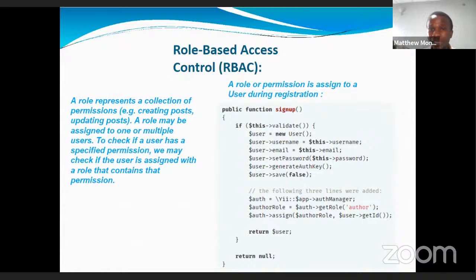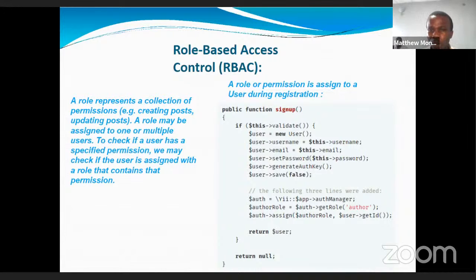A good example is the username must be nothing less than 6 characters. The username must not have any special character, or the password must be 12 characters long, or it must have numbers, it must have special characters. This validate checks all those things.